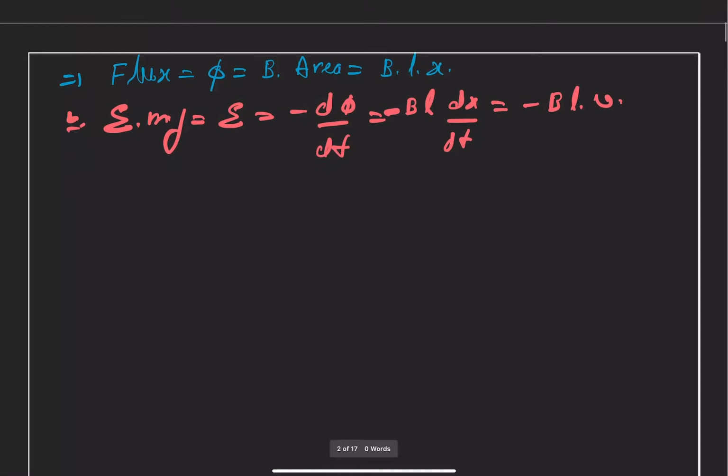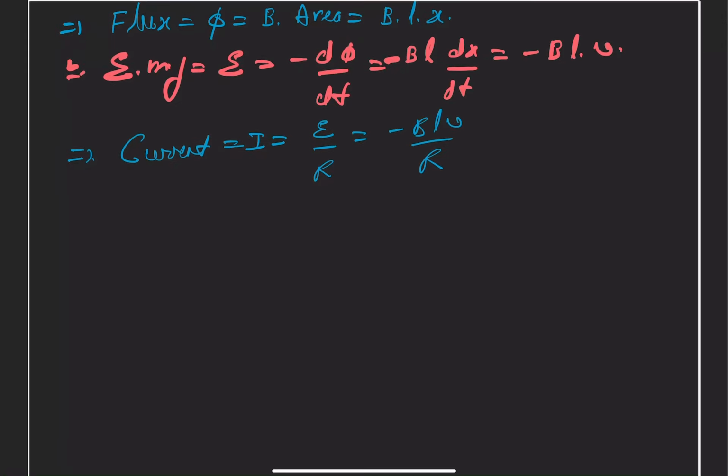And the current, if we suppose it is I in the circuit, will be given as EMF divided by the resistance R, and EMF is BLv, so we get this divided by R.